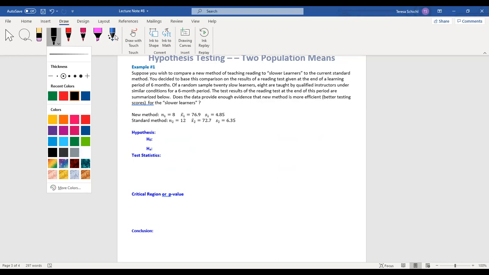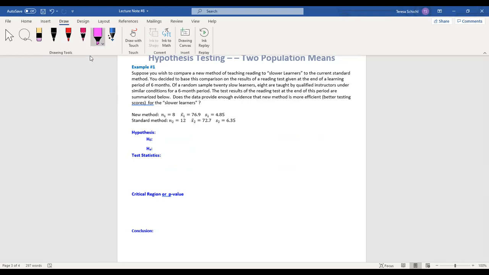Here is the information they give us. This is the new method and this is the standard method. Sigma 1 and sigma 2 are not given, so I know we're going to use the t-test here.